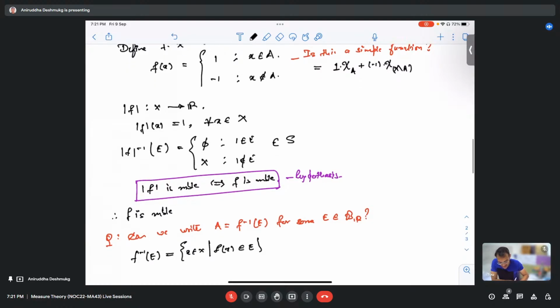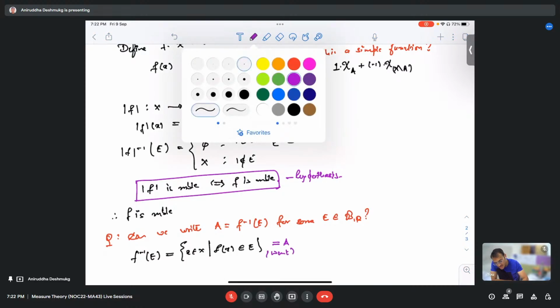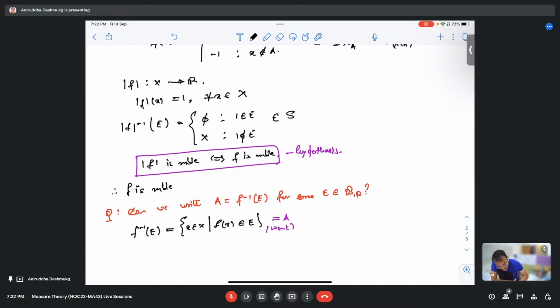Now, this f(x) can take only two values, either 1 or minus 1, right? Now, if I want this to be A, then what does it mean? It means that this 1 must belong to E. So f inverse E is equal to A if and only if 1 is inside E. Now, what are all the sets that contain 1?